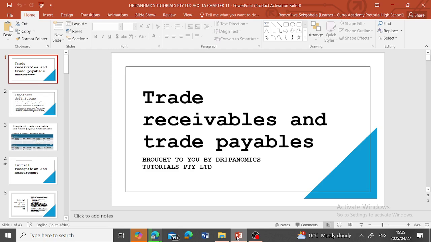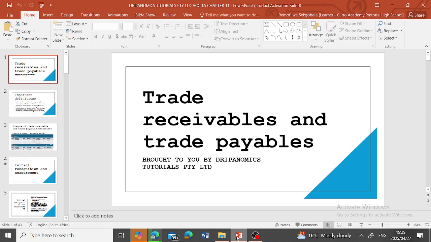And a payable is basically a liability. It is someone that we buy on credit from and we owe and need to pay at a later date or stage, right? So trade receivables and trade payables basically come from buying or selling goods on credit.